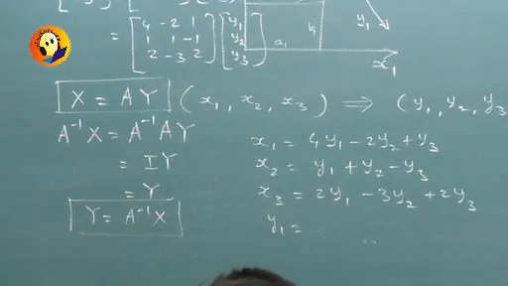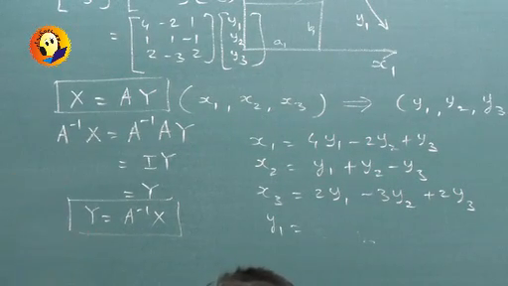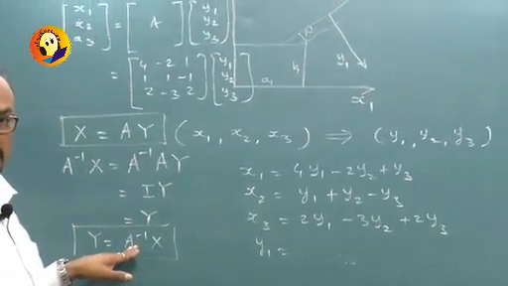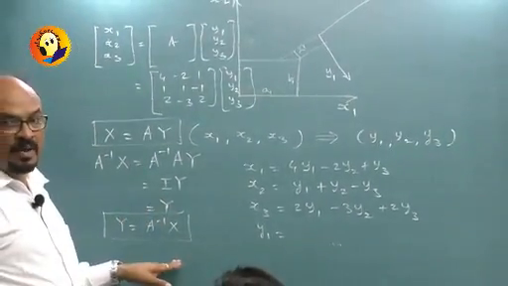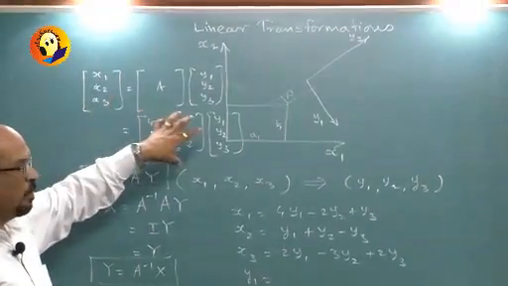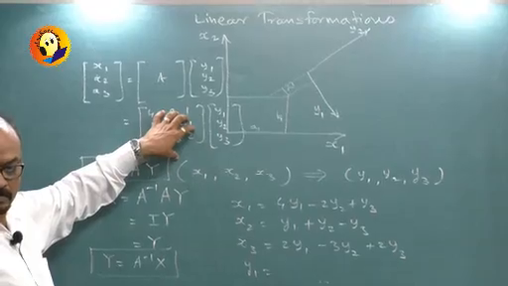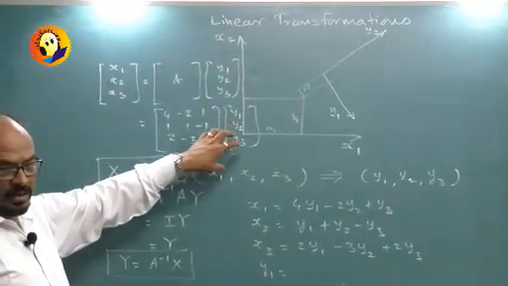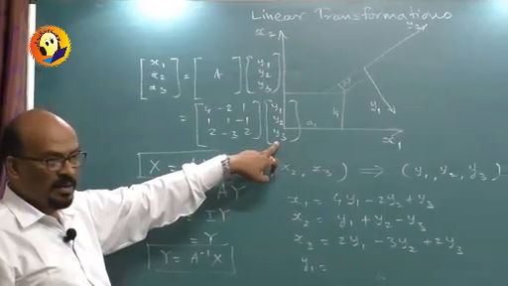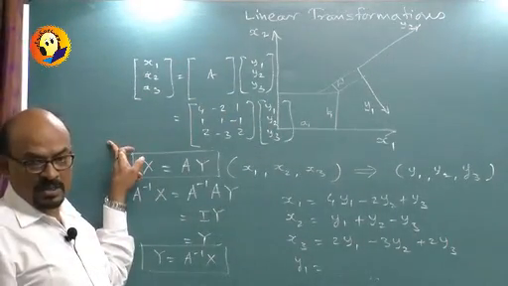Got this? These are called the linear transformations. So we will have to mainly focus on finding the inverse. And then the problem will be, they will give you that the two coordinate systems are bound by so-and-so matrix, and given a point 1, 2, 2 in y1, y2, y3, find the corresponding point in x1, x2, x3.